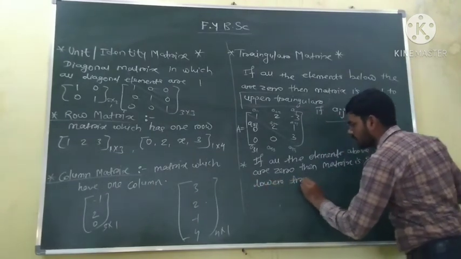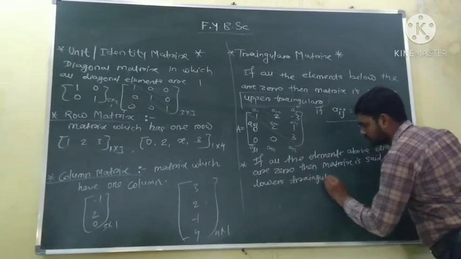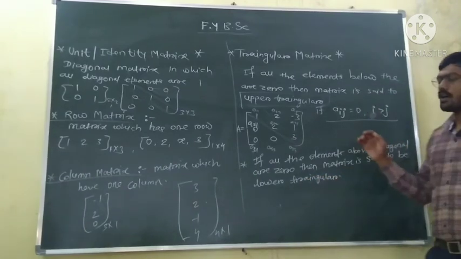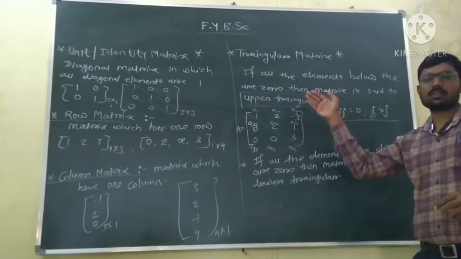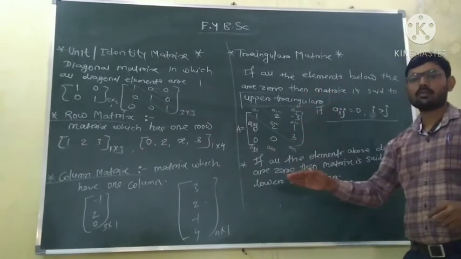If all the entries above the diagonal are 0, then the matrix is said to be lower triangular.